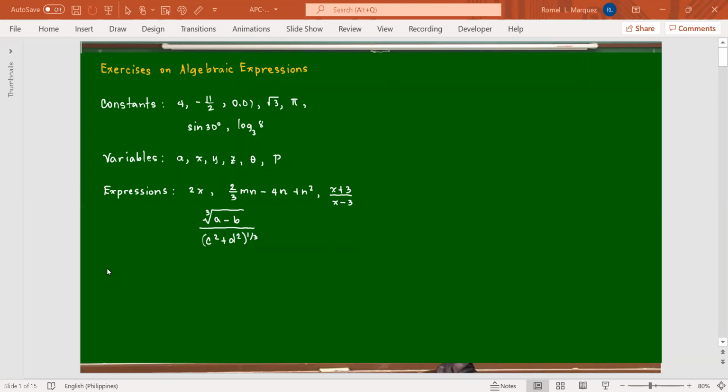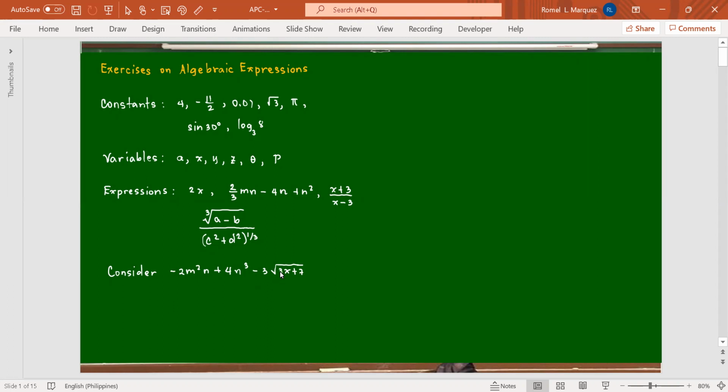another example, for instance, if I have -2m squared n plus 4n cubed minus 3 square root of 3x plus 7. So how many simple expressions does this expression contain? 1, 2, 3.